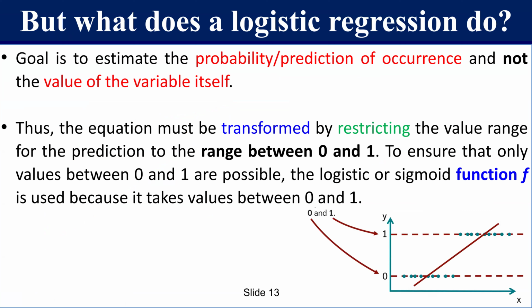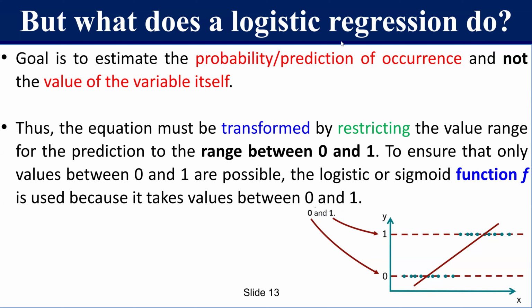Now, what does a logistic regression do? Well, the goal of a logistic regression is to estimate not just the value of the variable itself, but the probability of the occurrence of the variable.